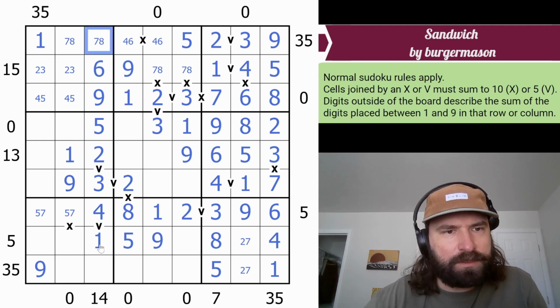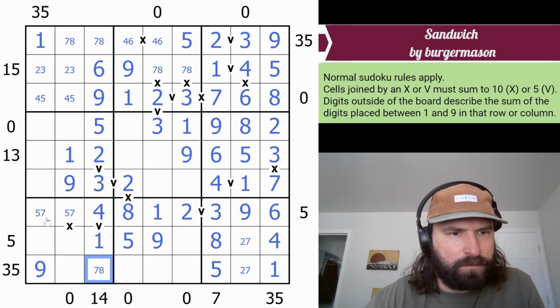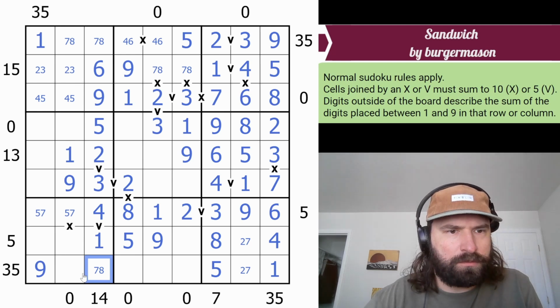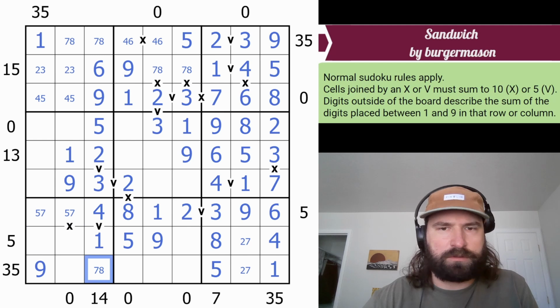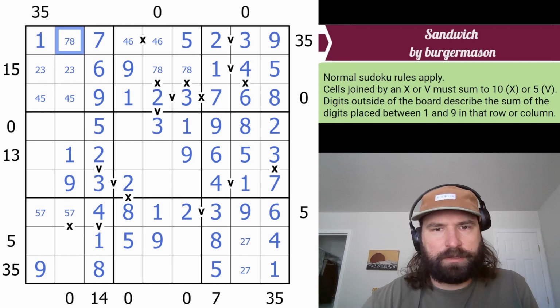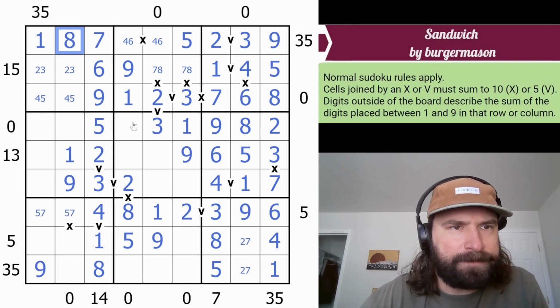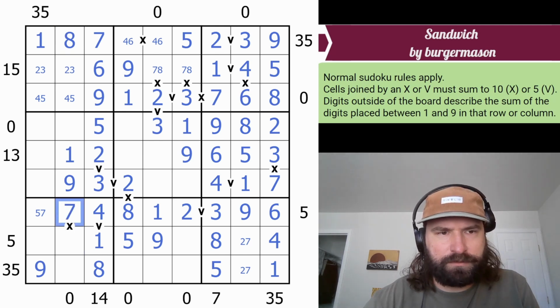Man. All right, so this is a 7, 8 pair. Oh no. Yeah, that works. Because there's a 7 in one of these two. So this is an 8. This is a 7. This is an 8. Awesome. Oh, 5 can't go on an X. So this is a 7.